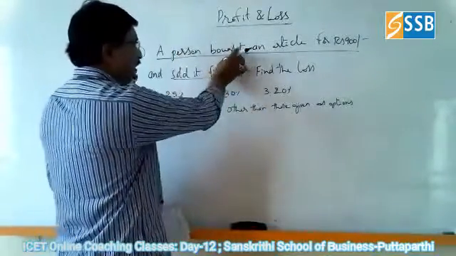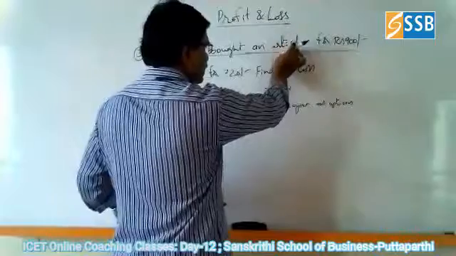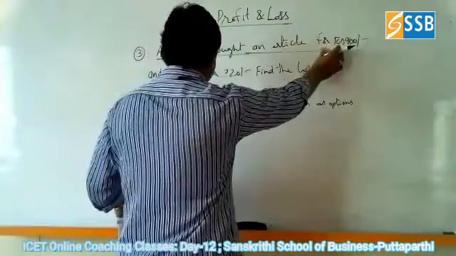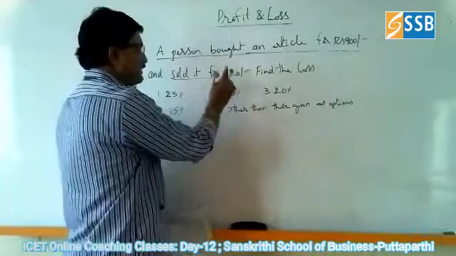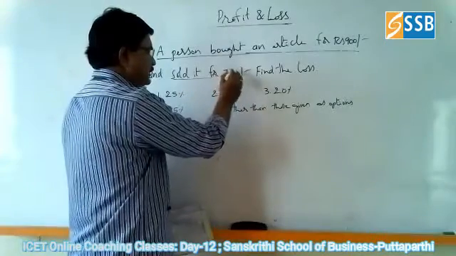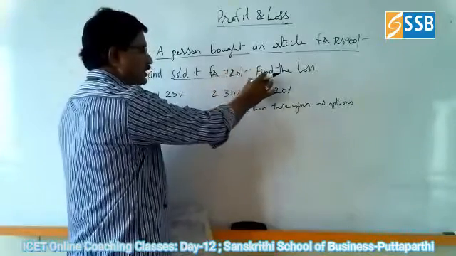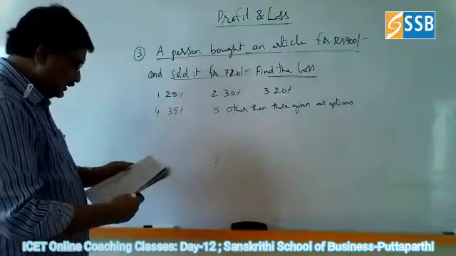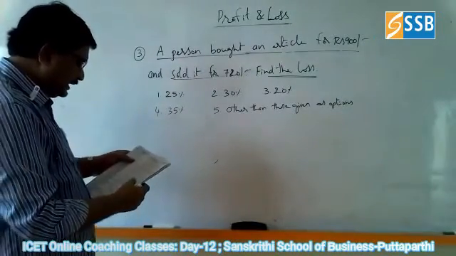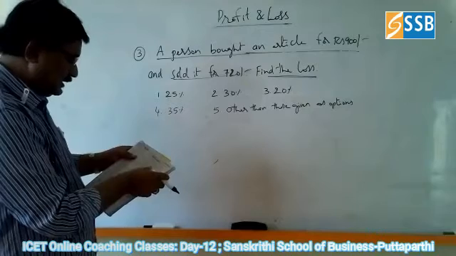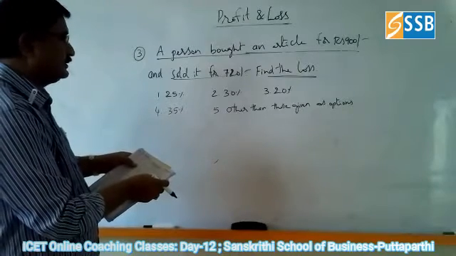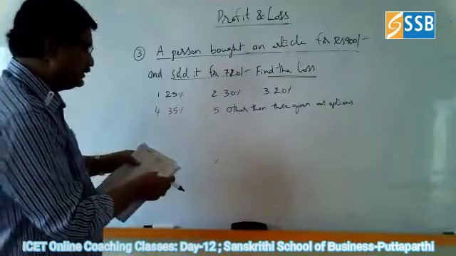A person bought an article for 900 rupees and sold it for 720 rupees. Find the loss percentage.